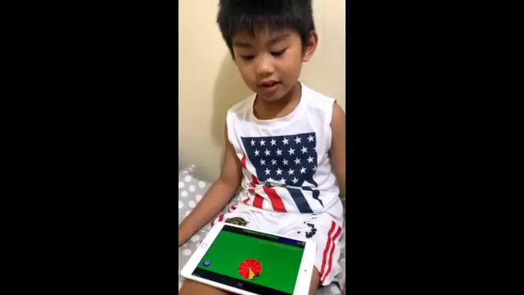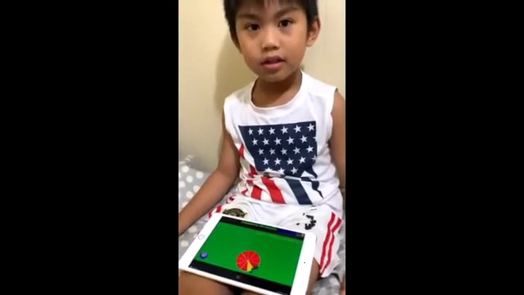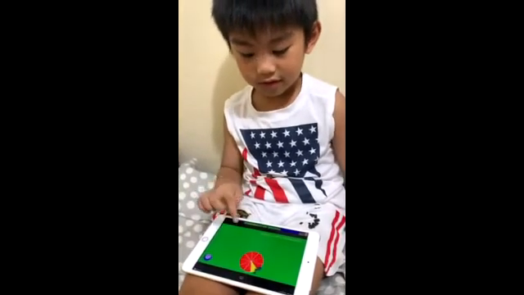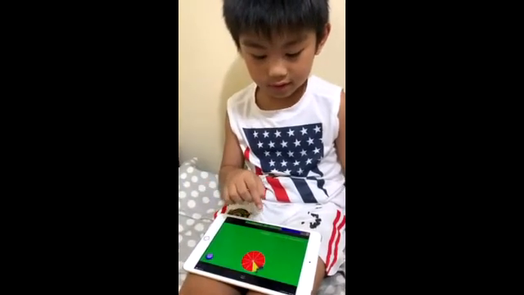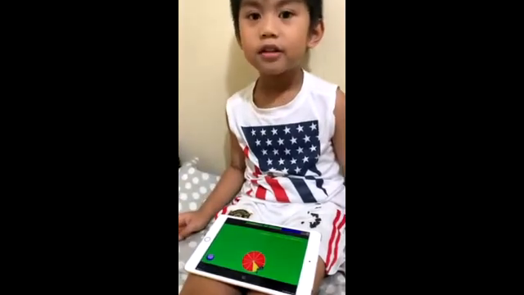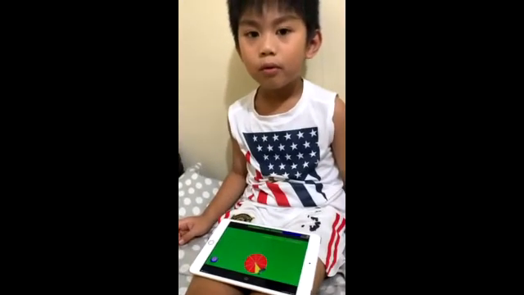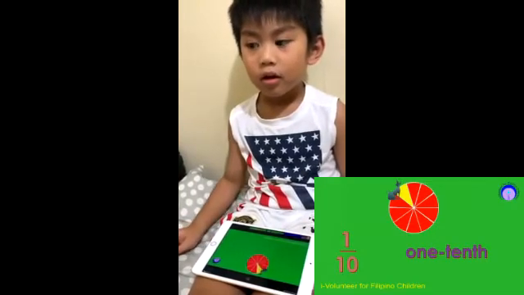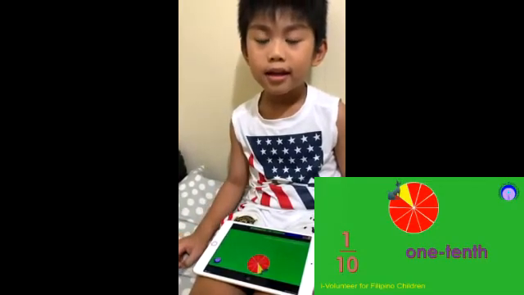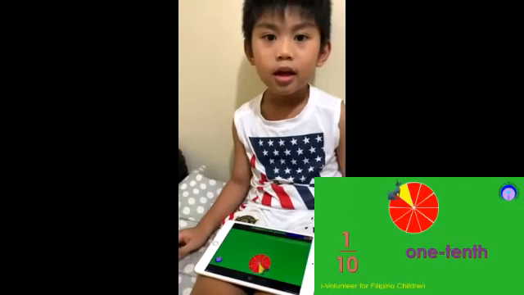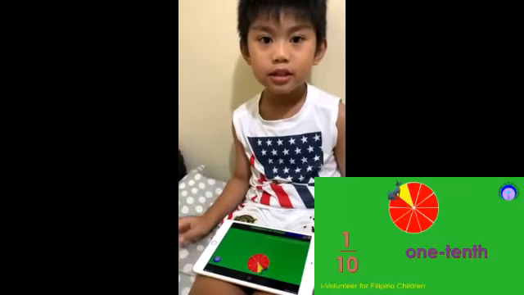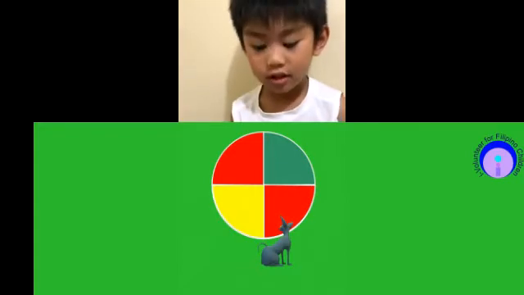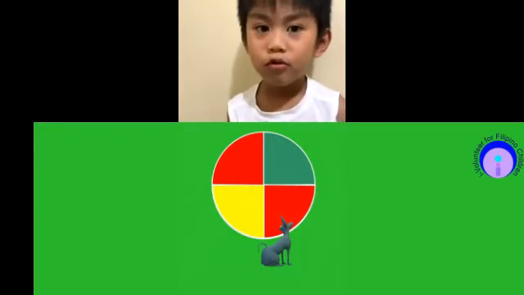The fraction is 1, 2, 3, 4. The fraction is 1/10. One tenth. The fraction is 2/4.